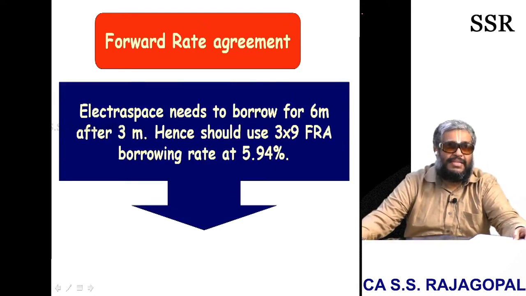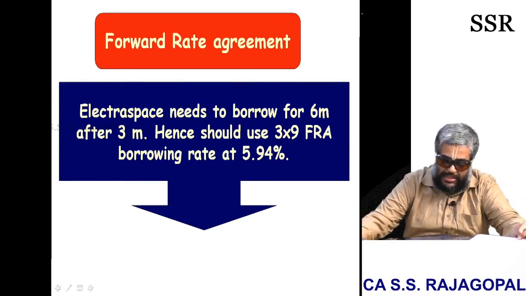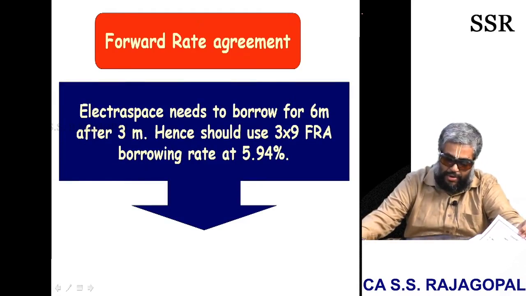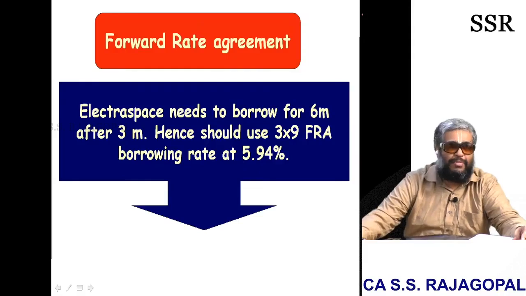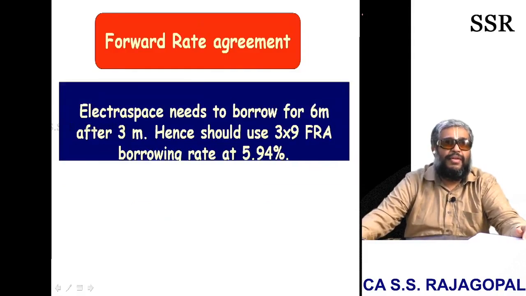Everybody, are you understanding the issue or not? So, Electra Space needs to borrow 6 months after 3 months, hence should select the 3 by 9 FRA borrowing at how much? 5.94. Can I proceed or not?